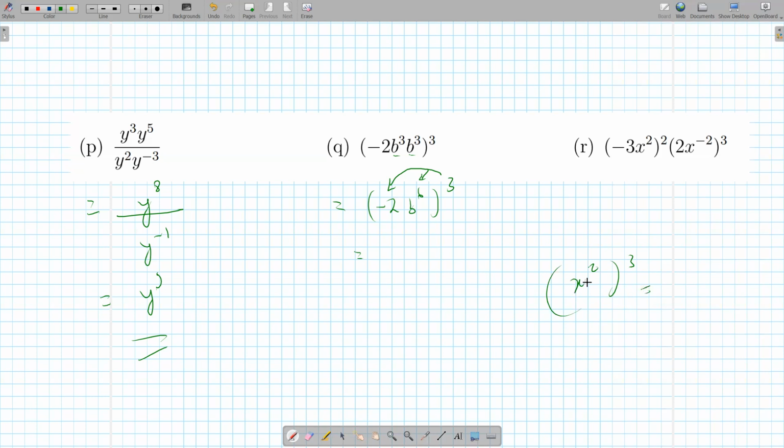X to the power of 6. Yeah, you multiply the exponents, right? So it's gonna be B18, but it's also not gonna be 6 here. What is it actually gonna be? We're doing -2 cubed. We're not doing -2 times 3. It'll be -8. Yeah, mhm, and that's the right answer.